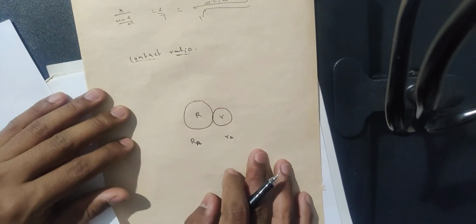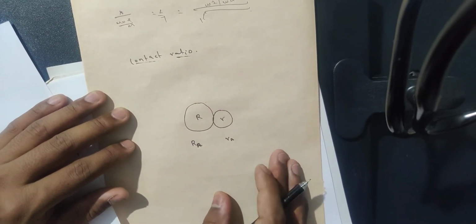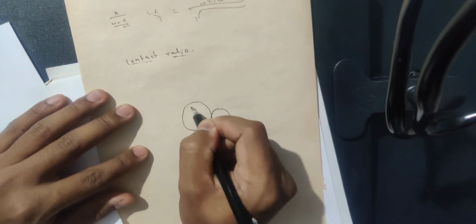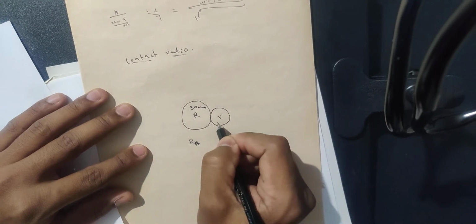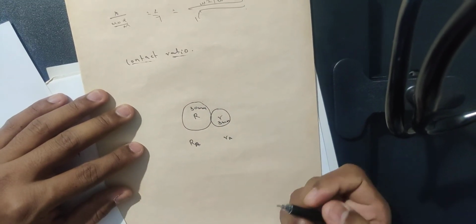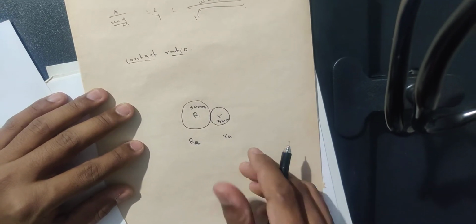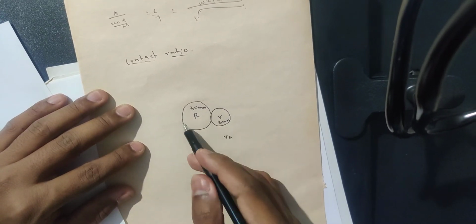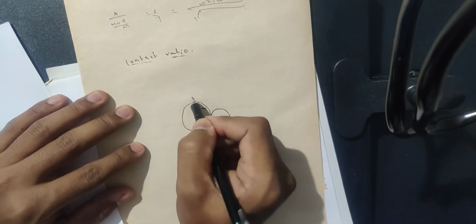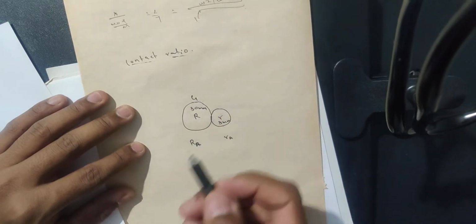If I take two gears, for example, one made up of 30 cm and the other of 30 mm, whichever has the bigger radius, we call that the gear, and whichever has the smaller radius, we call the pinion.